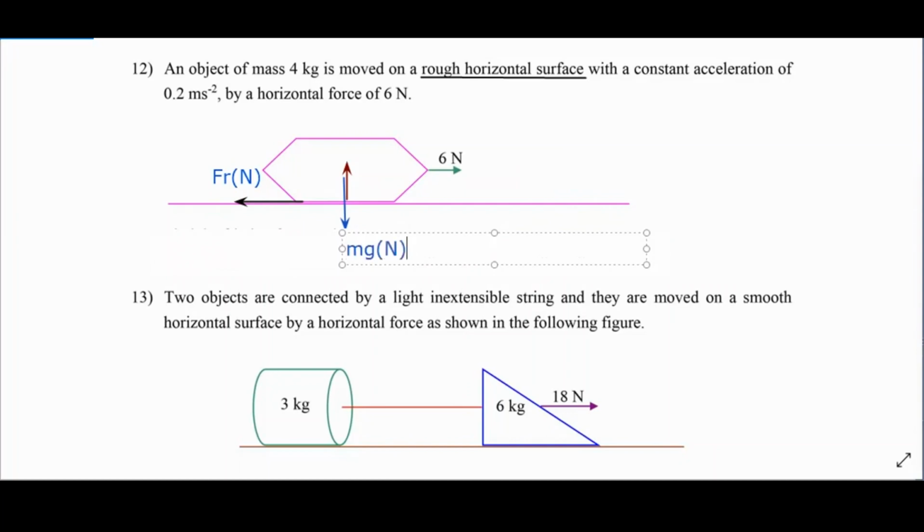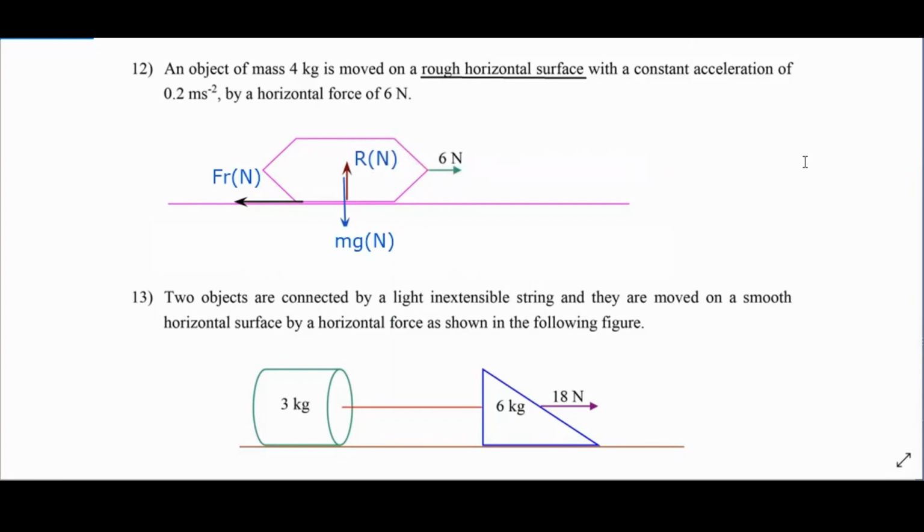Sometimes it is called the weight of the object, but actually it is the gravitational attraction force given by the Earth. We call it the weight, but the best term is the gravitational attraction force given by the Earth. Then let me mark the normal reaction force. Normally it is indicated as capital R Newton. So please mark them here.